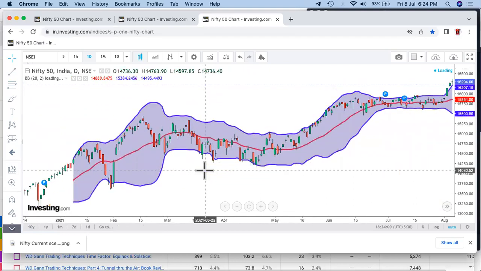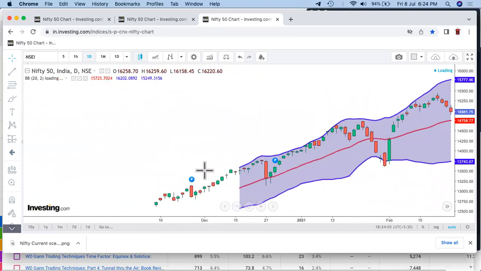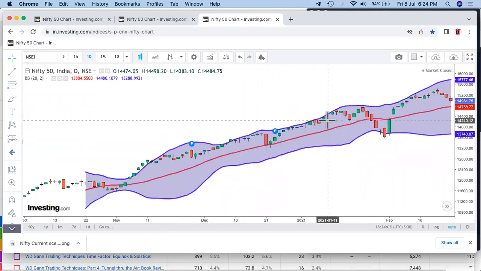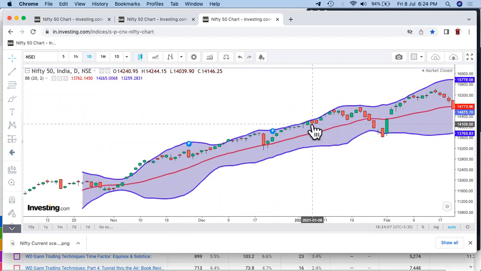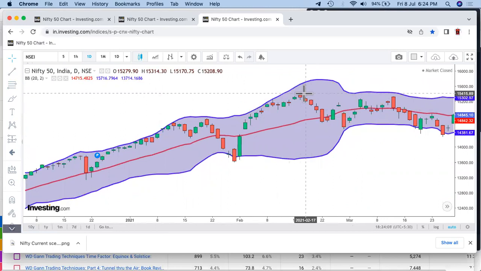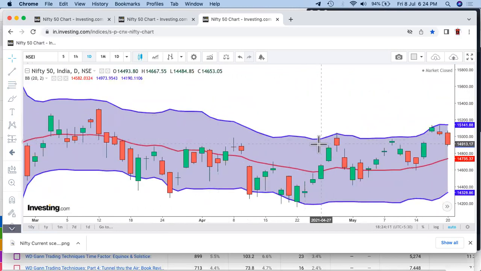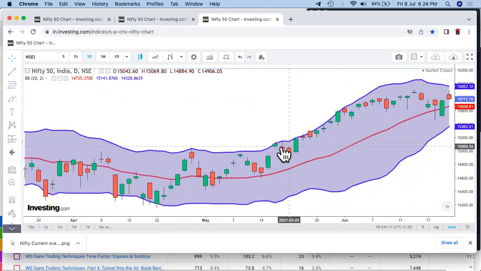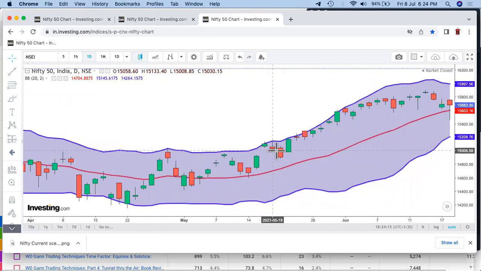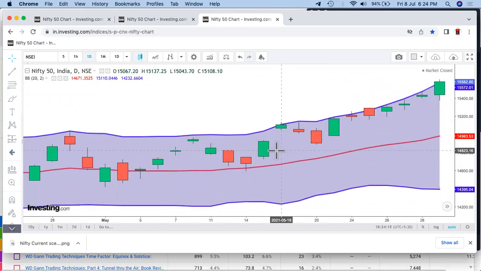See, we'll just try to find it out. Here it didn't cross up the Bollinger Band, neither of them. Here again, neither of them. Again, neither of them. It was there, but the closing was within that. Let me just show it to you.